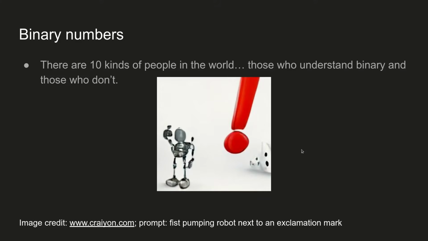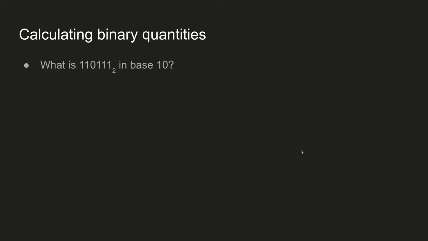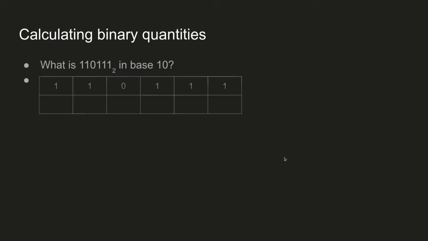So what if you get a really big binary number and you want to know what it is in base 10? To calculate that by hand, first you would copy down the number, and then you would start over here and you'd go 2 to the 0th power, then 2 to the 1, 2 to the 2nd, 2 to the 3rd, 2 to the 4th, and 2 to the 5th.